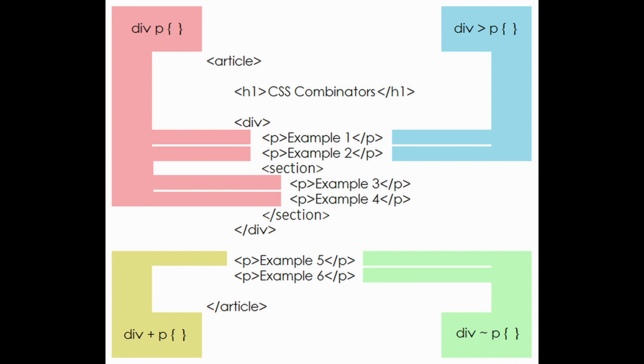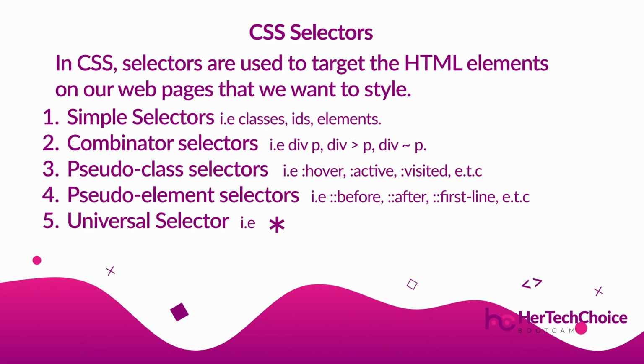So long as it's a sibling of that element, you can reference it using this particular selector, and it is represented with the tilde sign. That's how you reference any general sibling. The next selector is the pseudo-class selector, and it is used to define a special state of an element. Just like the name implies, pseudo-class, that is a false class.